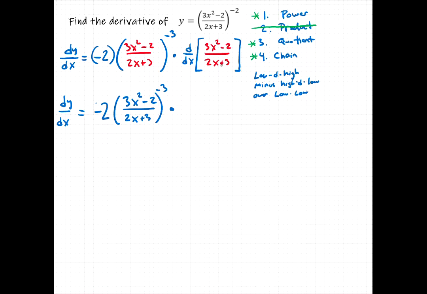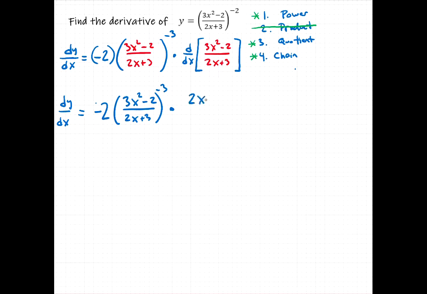All right, so the denominator, 2x plus 3, times the derivative of the top. So the derivative of 3x squared minus 2 should be 6x. So applying the power rule here, 6x minus, I'm going to actually erase this to give me a little more room. And I'll rewrite this a little bit neater.